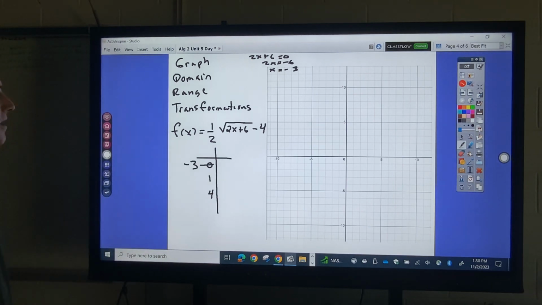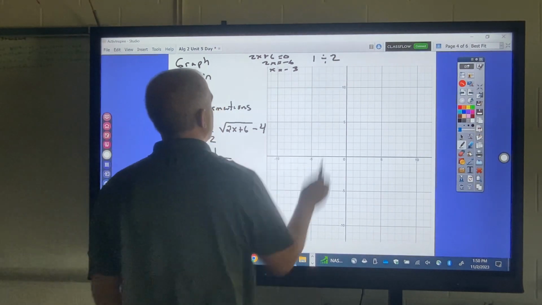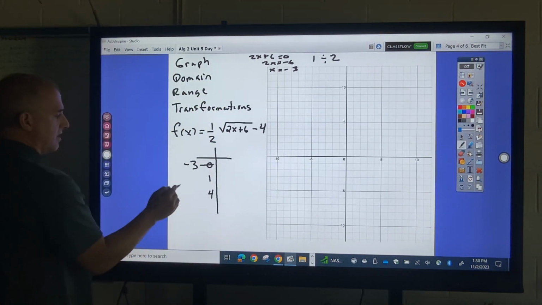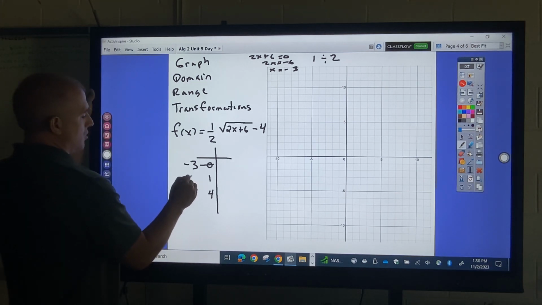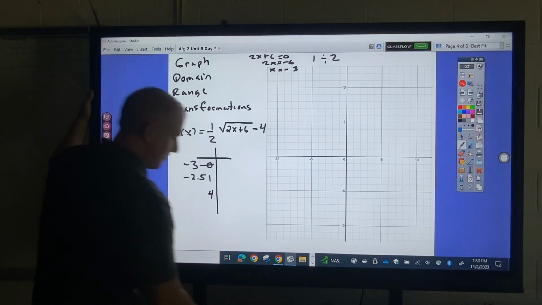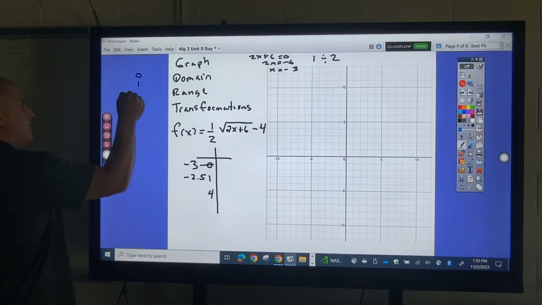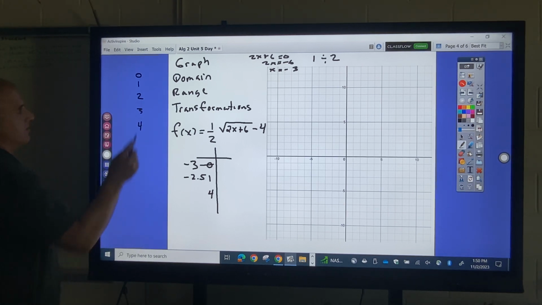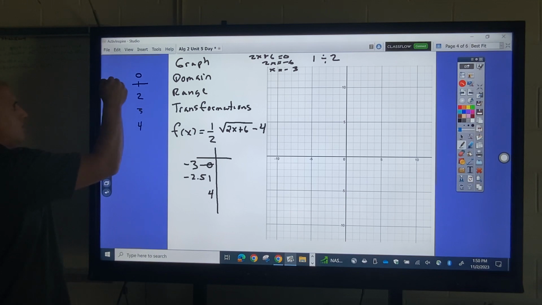Okay, and then my interval, that's going to be 1 divided by 2, which would be a half. So this would be -2.5.